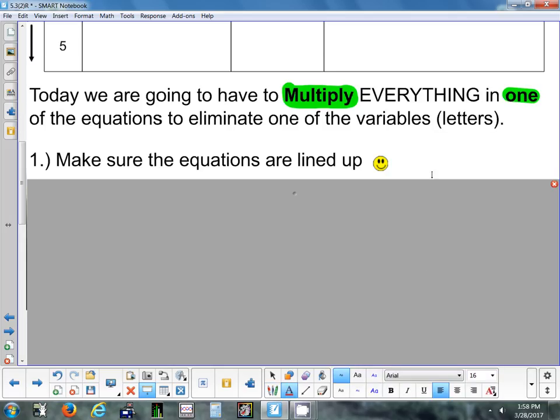X, Y, equal sign, then the number. X, Y, equal sign, number. X and Y on the same side, all right? Number on the other side of the equal sign. Got to make sure they're lined up. And I think right above your chart there, with all the cases on it, it's written there too. X and Y, it has a format for you. All right? So you got to make sure the equations are lined up before you can do anything.